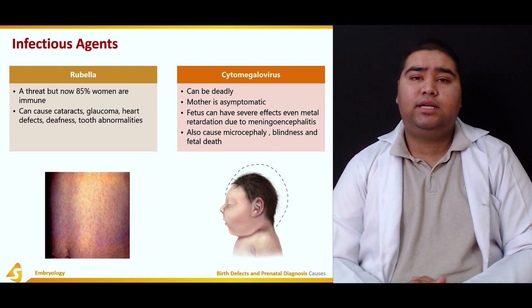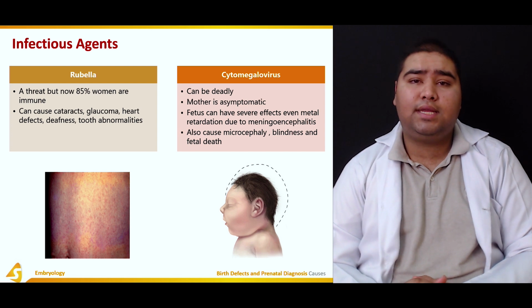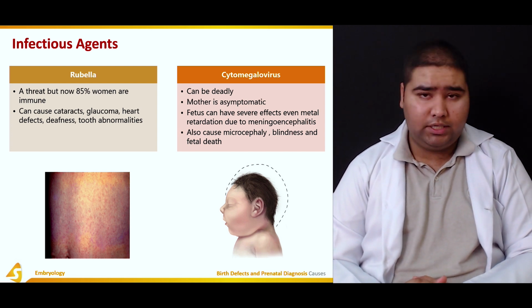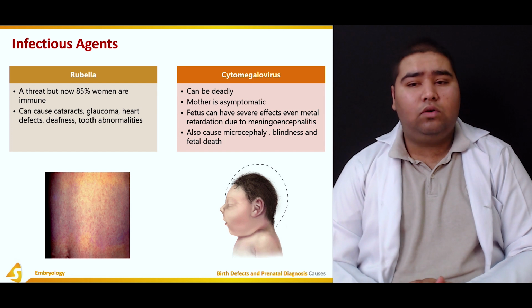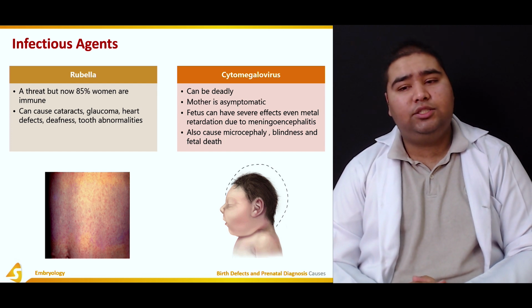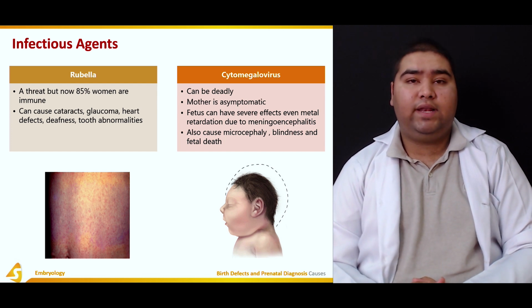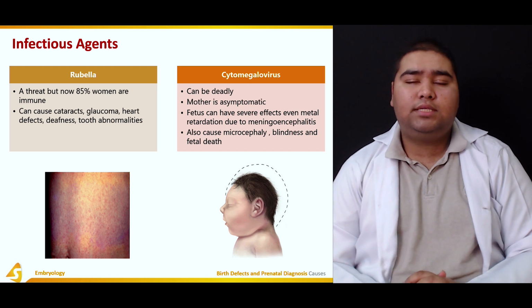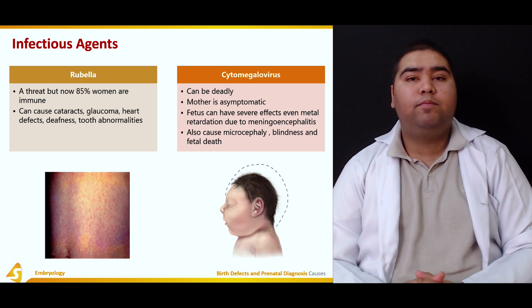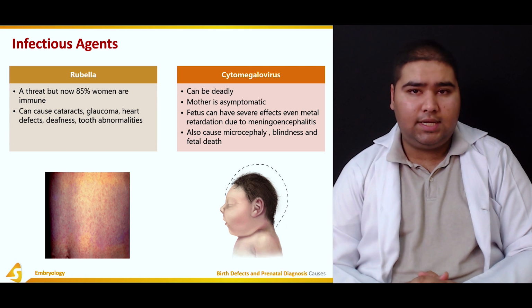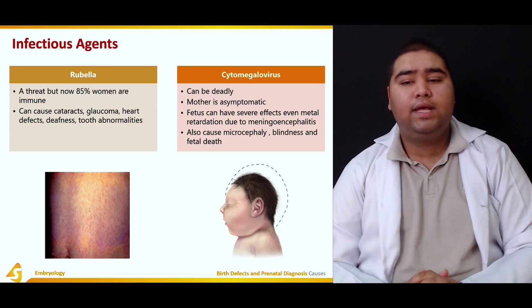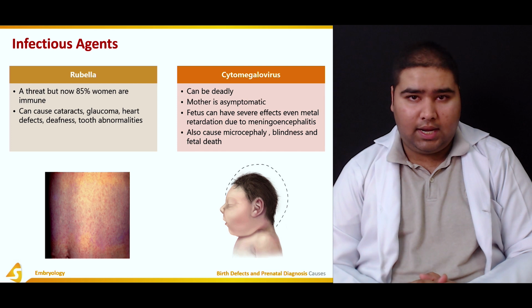What is mental retardation? Mental retardation is decrease in the mental capability of an individual. Why is that caused in a cytomegalovirus patient? Due to meningoencephalitis. Now, what is meningoencephalitis? Meningo comes from meninges. Obviously, meninges are involved. Encephalo stands for brain.